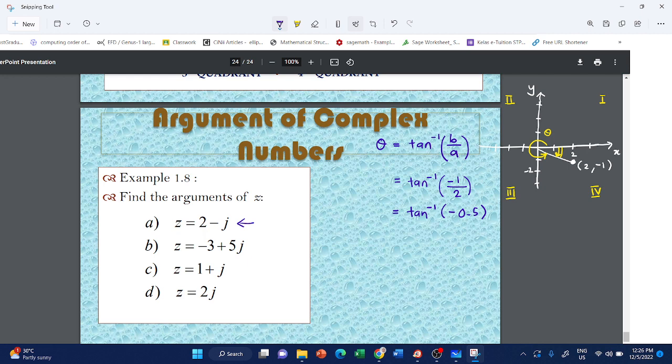Do you have your calculator with you? Yes, madam. Did you find inverse tangent on your calculator? Yes. Okay. Vishnu, do you have it? Do you have your calculator with you?